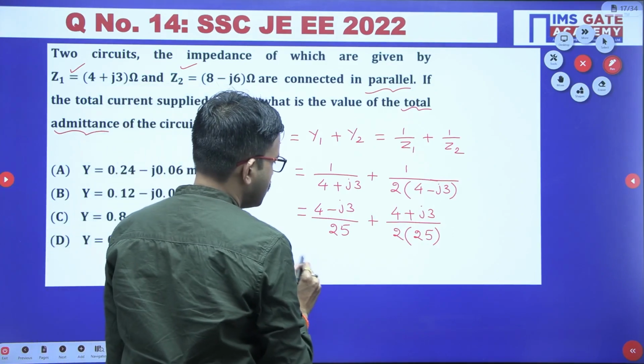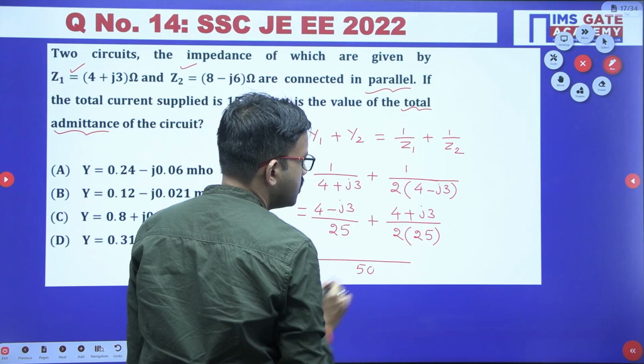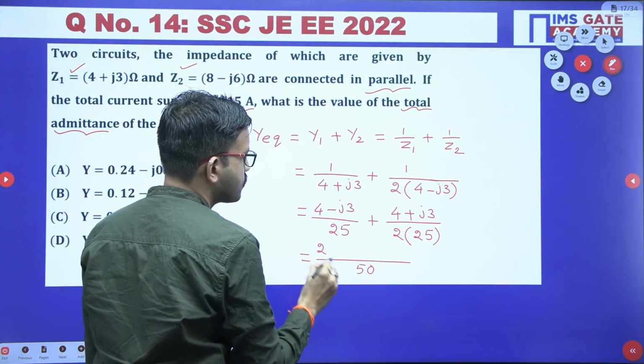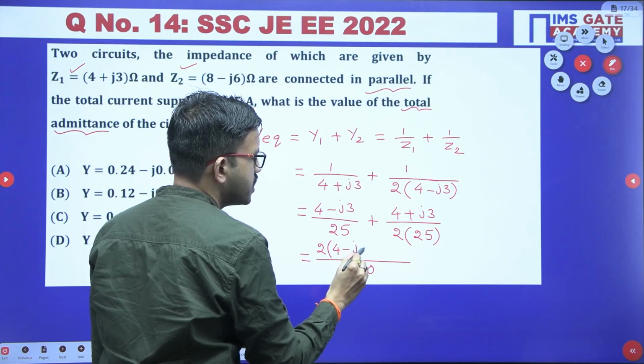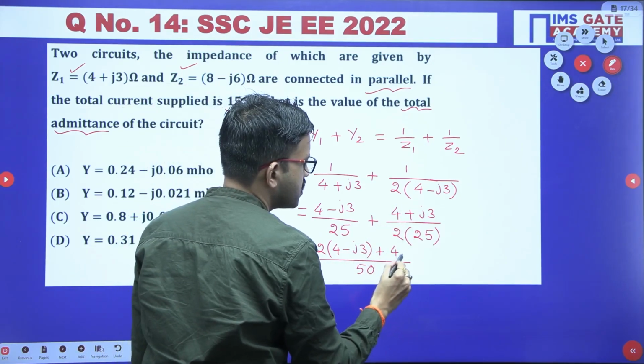So here in the denominator, you can take 50 as the LCM. I am multiplying with 2: 2 into 4 minus J3, plus here 1 time 4 plus J3.